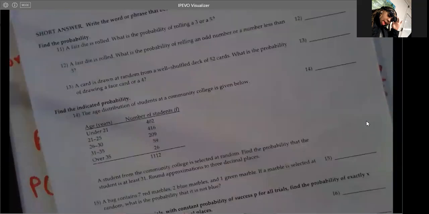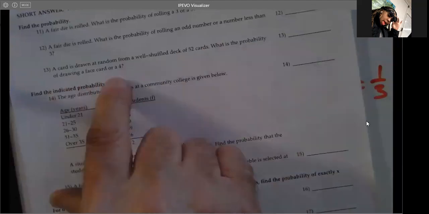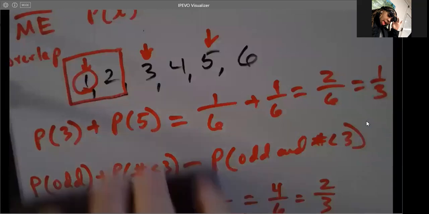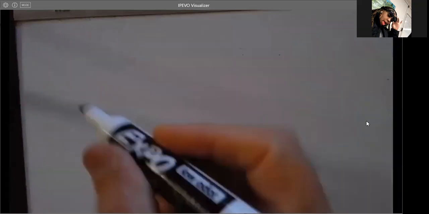So number 13. A card is drawn at random from a well-shuffled deck of 52 cards. What is the probability of drawing a face card or a 4? Well, let's look at the sample space on that. Let's use red for the red cards.